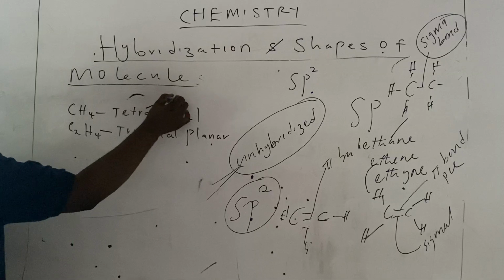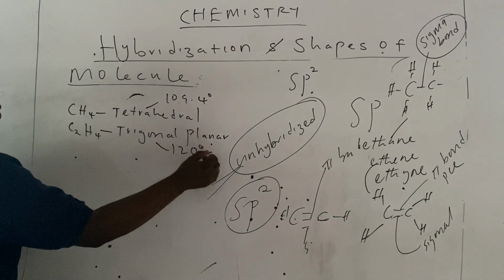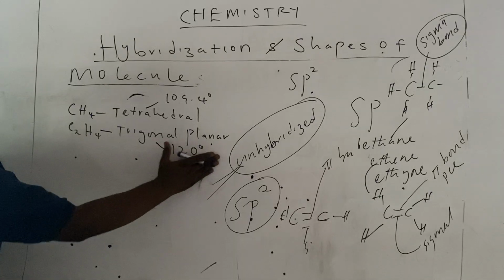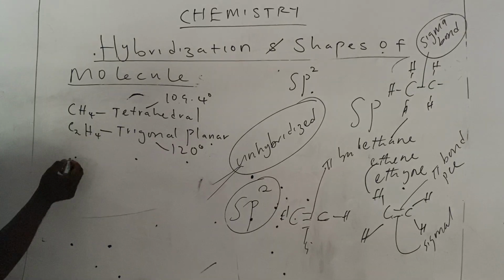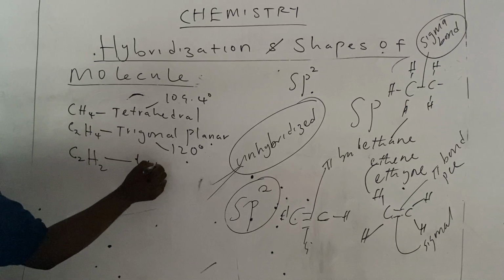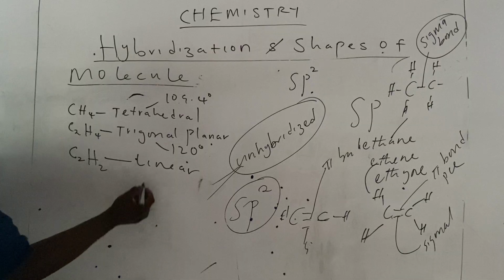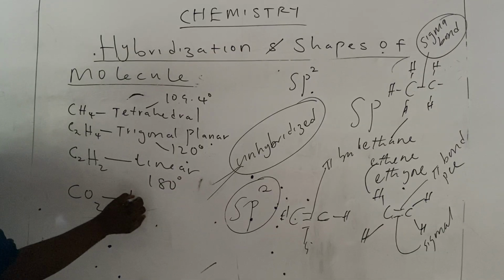This one has a bond angle of 109.5 degrees. This one has a bond angle of 120 degrees. Then ethyne is linear in shape and 180 degrees. Carbon dioxide is linear.